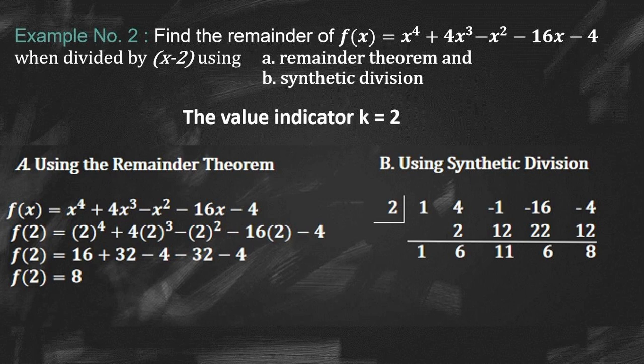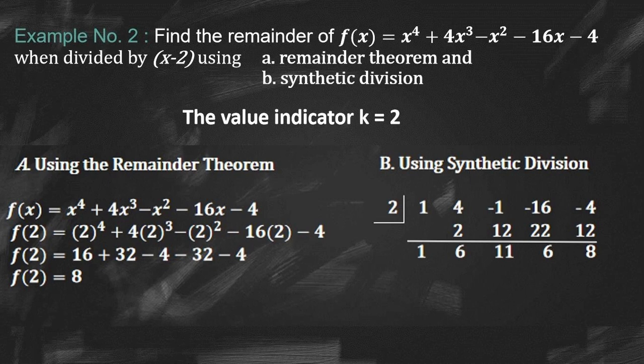Same process: we multiply 11 by the divisor, which is 2. So 11 times 2 is 22. We write the 22 under the negative 16. Adding negative 16 and 22 gives 6.